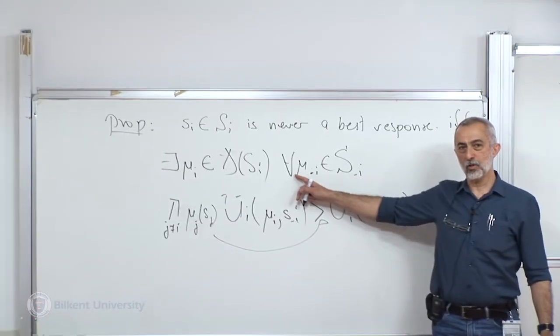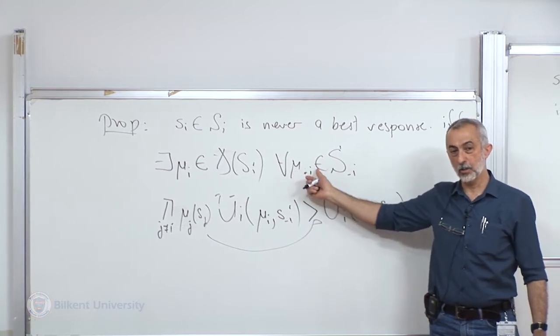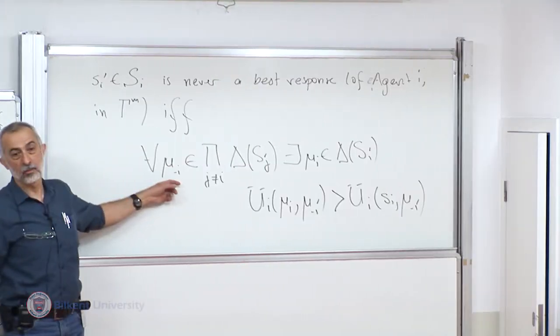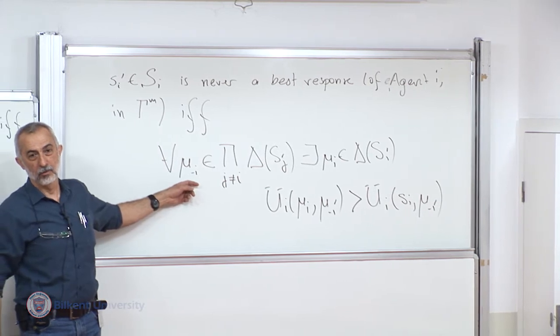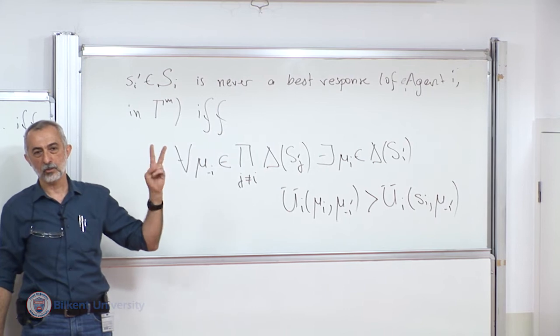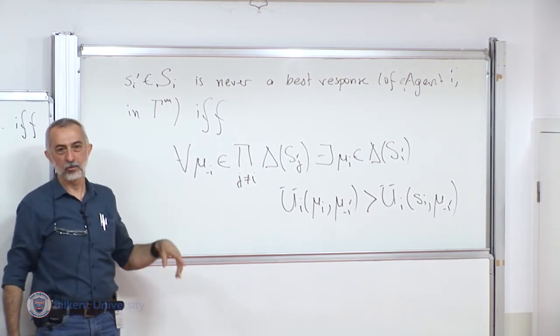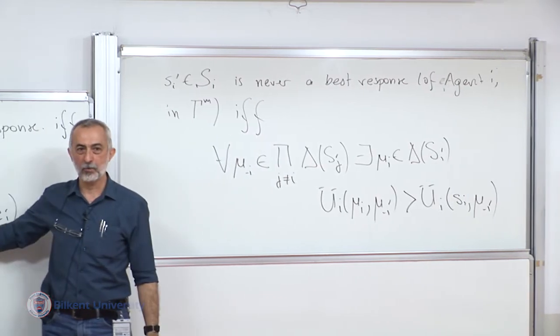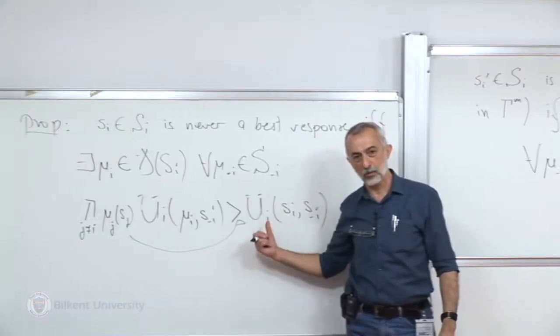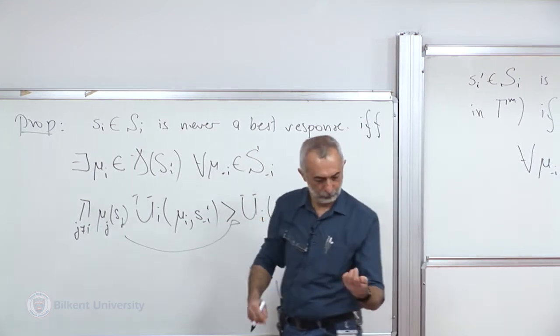Here, the universal quantifier for all mu minus I is on the inside. Here it's outside. And we cannot interchange a universal and an existential quantifier. Okay? So this does not directly imply this by just taking a convex combination. We need more than that. Okay?